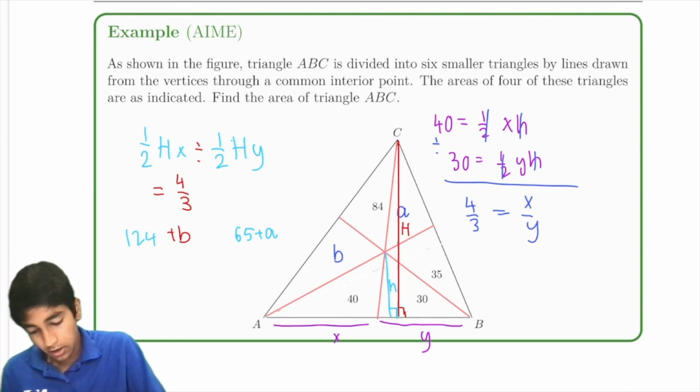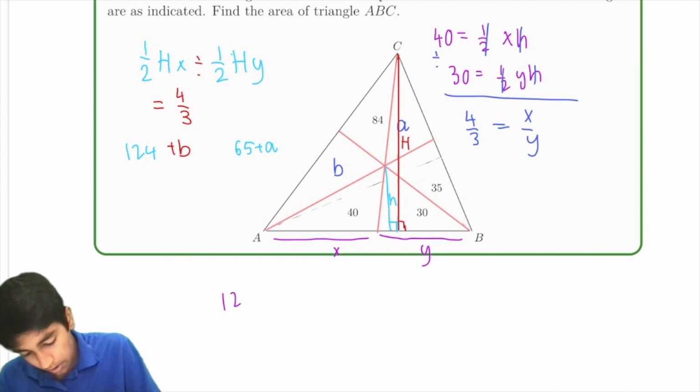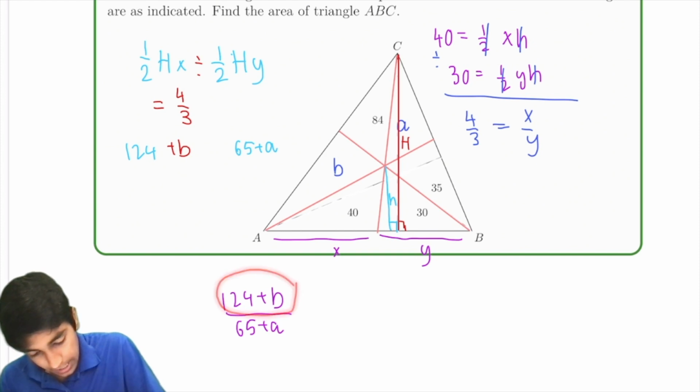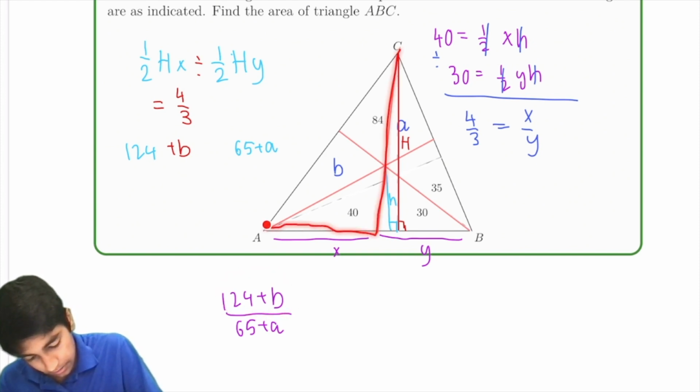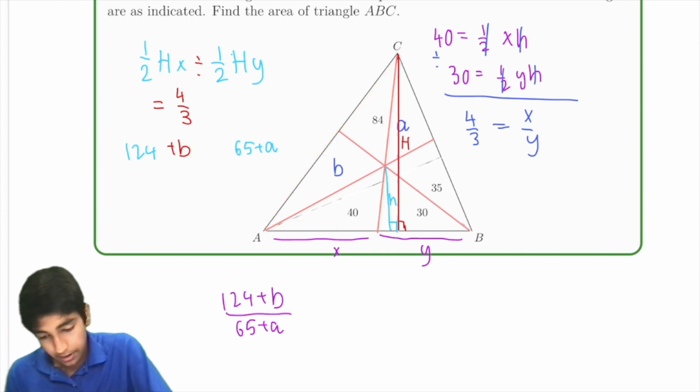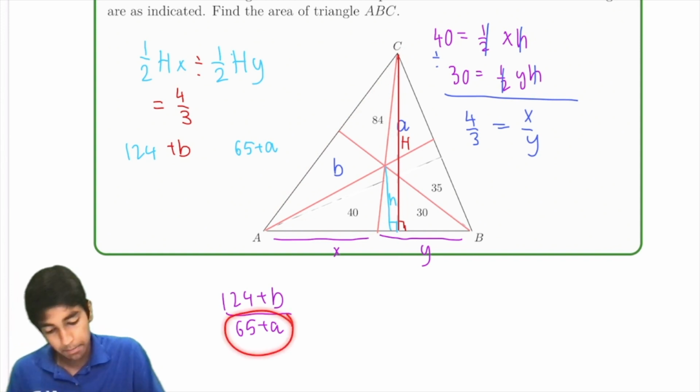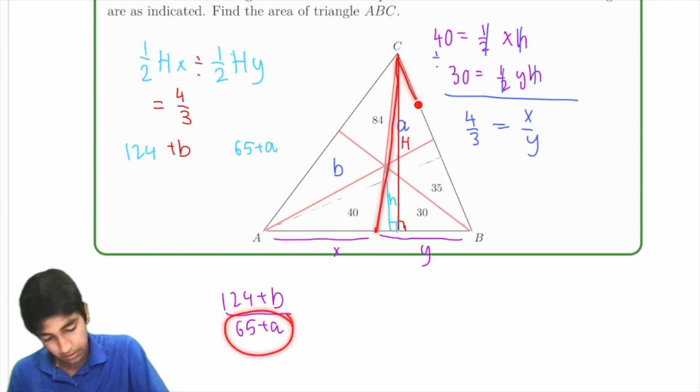So now from here, we know that 124 plus b divided by 65 plus a. Remember, this was just 1/2 big Hx, this triangle here, right? And this one here, 65 plus a, is this triangle here.